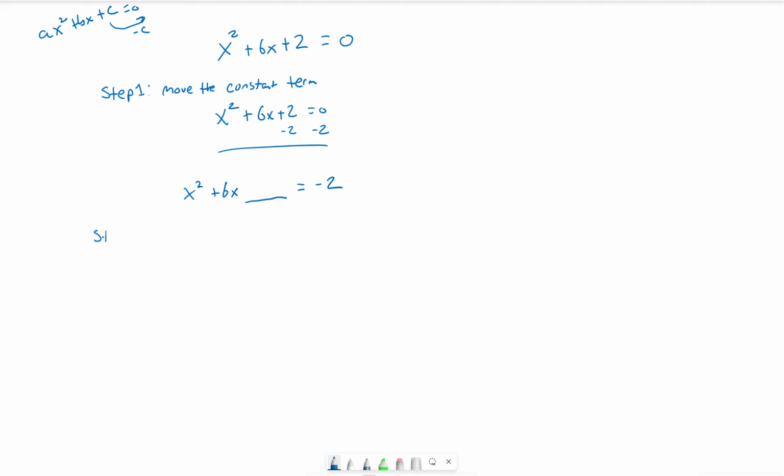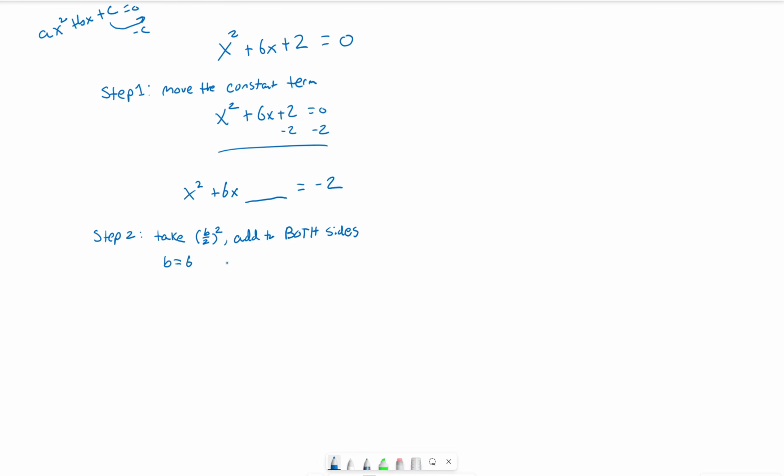Next, step 2, take half of b and square it. So take b over 2, half of b, and square it, and add to both sides. In this case, my b was equal to 6.